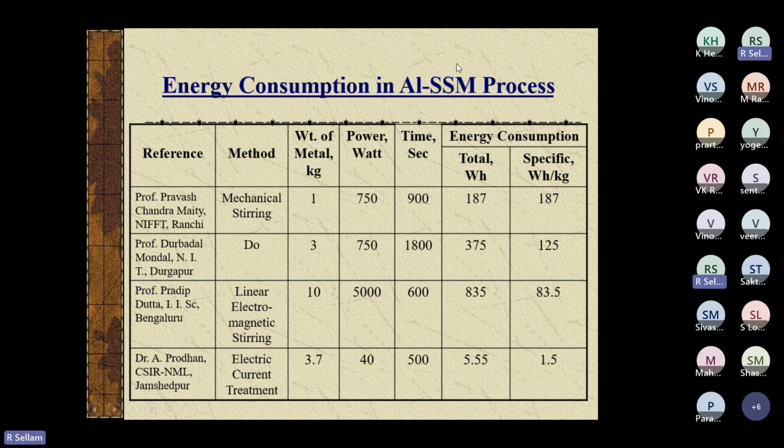If you do electric current treatment, I have some comparison with other reports available to me. The total specific energy consumption for the electrical current treatment is the least among all the reported literature available.